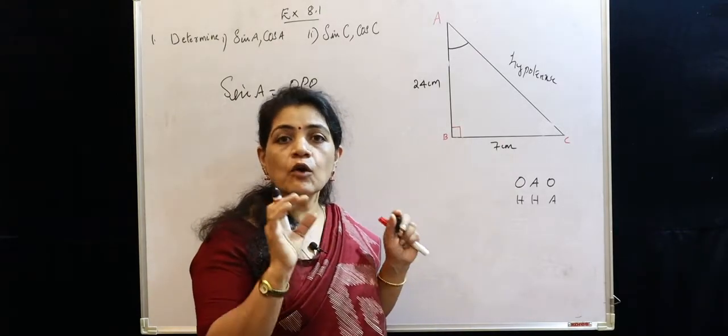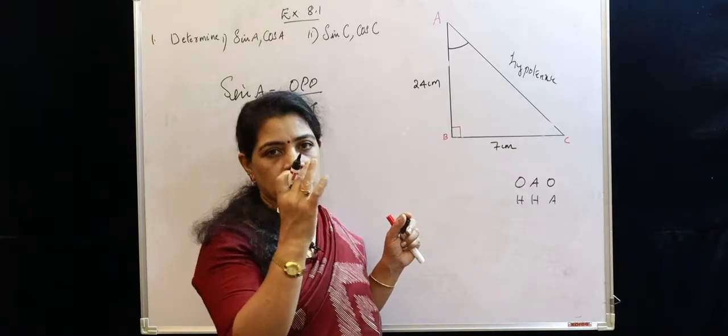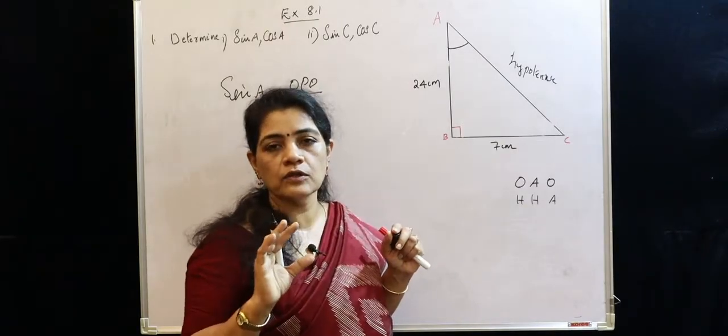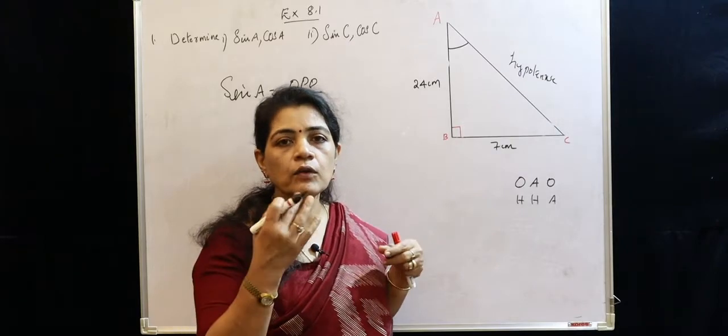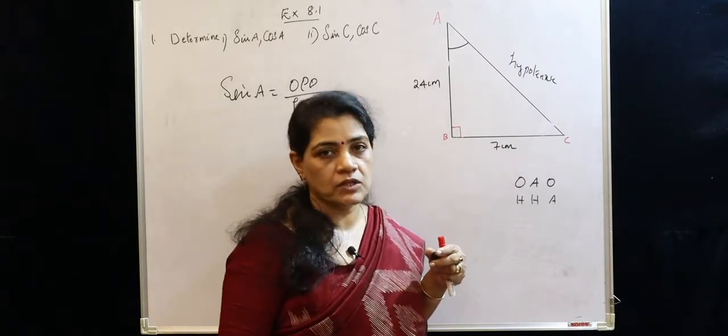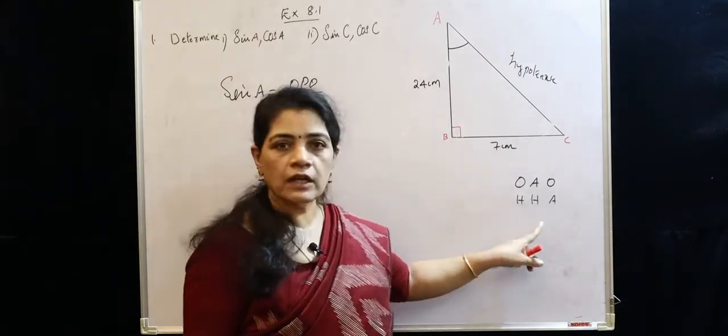First you have to mark the opposite side, secondly the adjacent side, and there is no change for the hypotenuse of a right triangle. Anyhow, you should learn it by heart without any mistake. So this is all about the ratios.